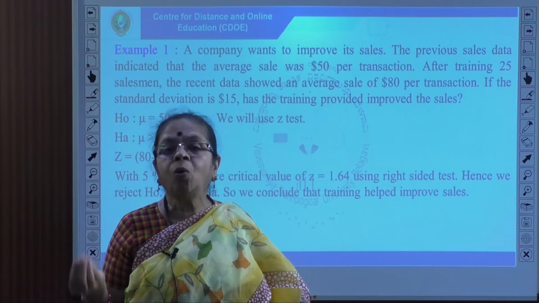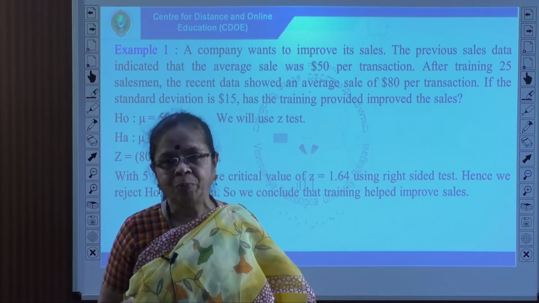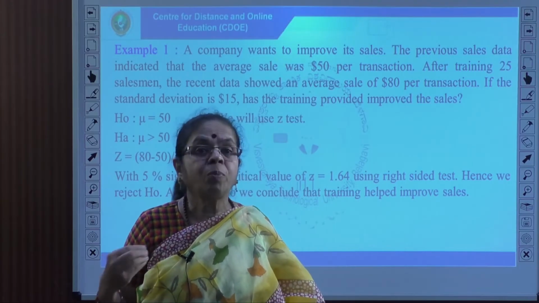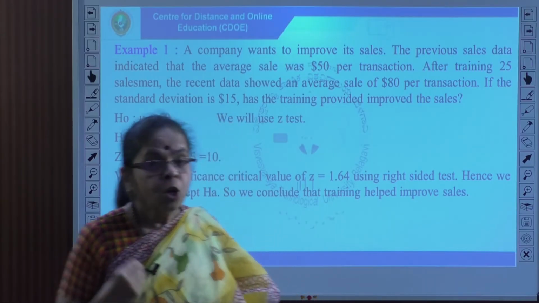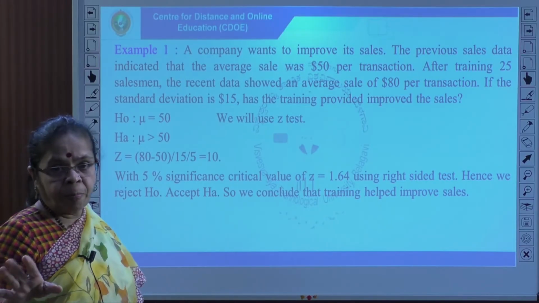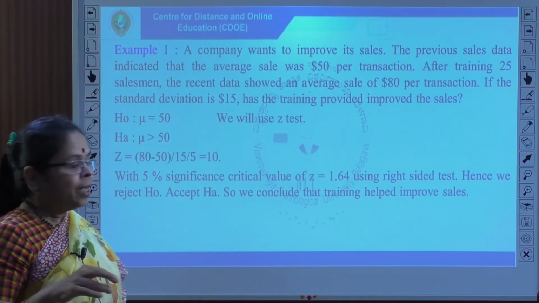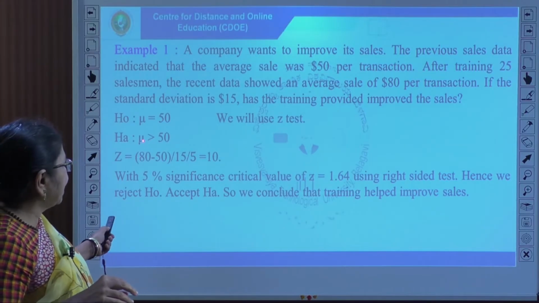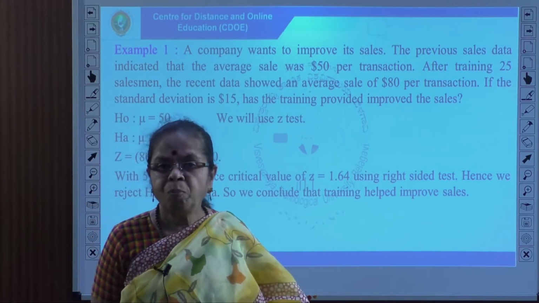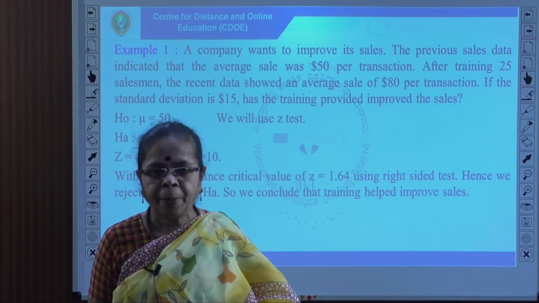So, can I conclude that this training program is good, that it is going to increase the mean? You should know how to formulate the hypothesis. I hypothesize that the mean is 50, equal to the old value, and after training it will increase to greater than 50, so mu is greater than 50.